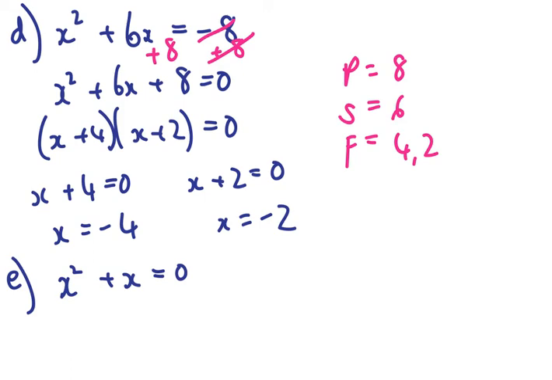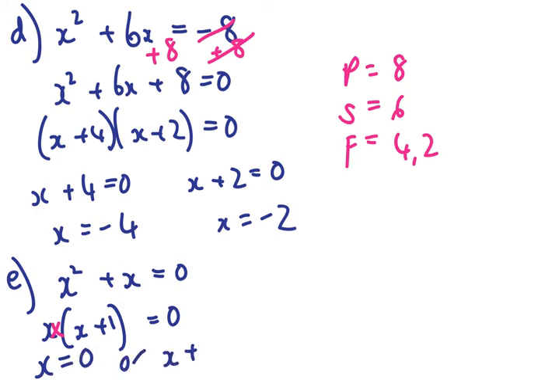Just note in terms of this example here, that would factorize to x(x plus 1) equals 0. So you've still got your multiply sign in here. So here, either x equals 0 or x plus 1 is 0, i.e. x equals -1. So that's solving by factorizing.